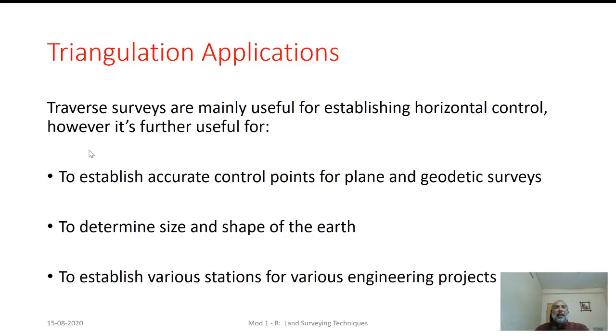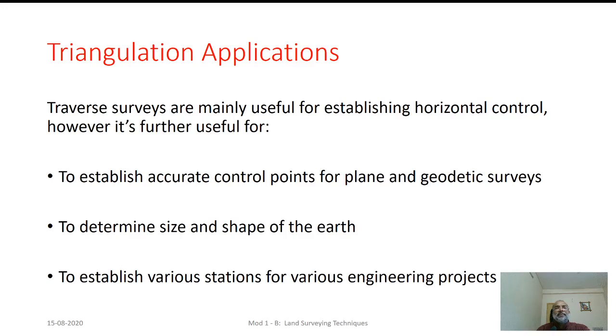However, they are further useful for establishing accurate control for plane and geodetic surveys, as well as to determine the size and shape of the earth and to establish various stations for various engineering projects. The same terminology can also be extended to the triangulation network, but more about this we'll be discussing in our subsequent slides.